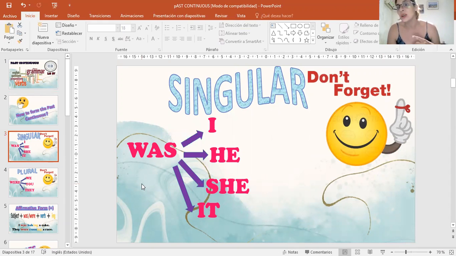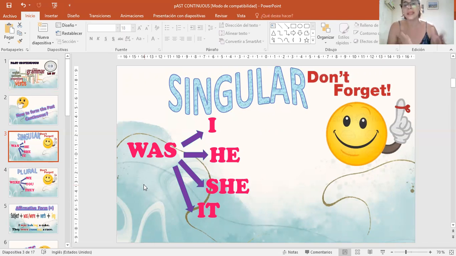She is singular, feminine, and it is a pronoun that doesn't have a gender, and we always use it to refer to an animal or a thing. Never, ever do we use it to refer to people or a person.